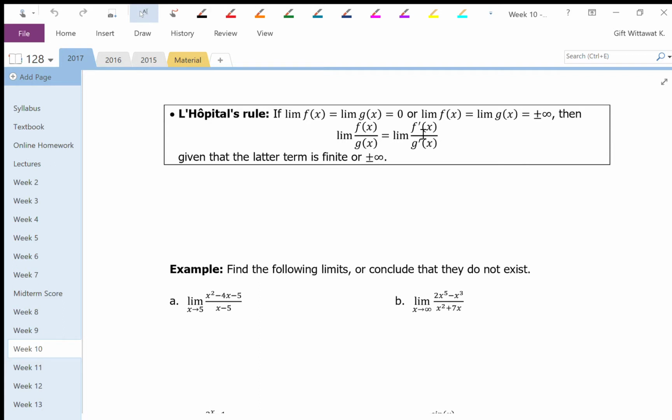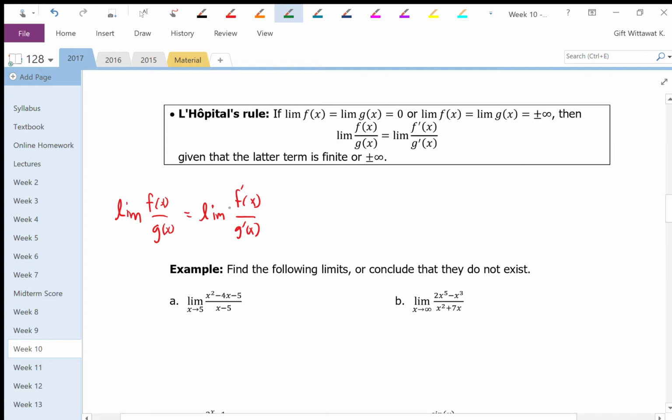One thing you will need to take note of is that the limit of f over g equals the limit of f prime over g prime. There are a few things I'm going to have to point out.